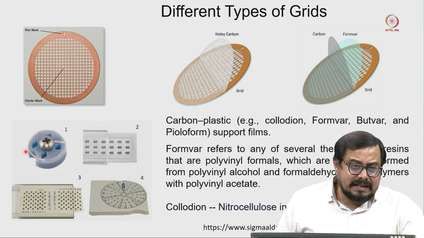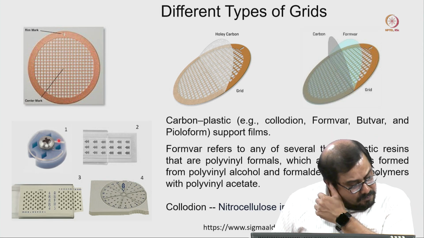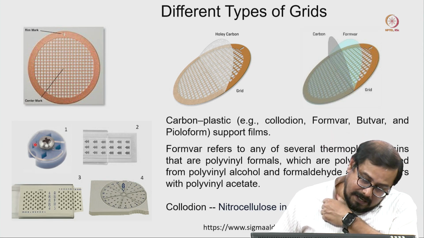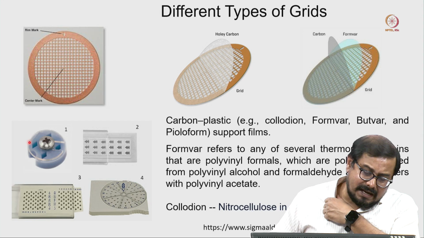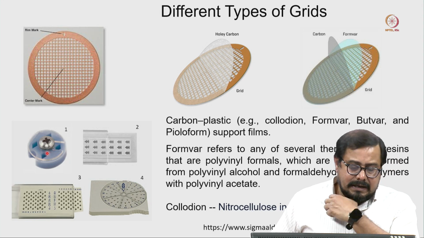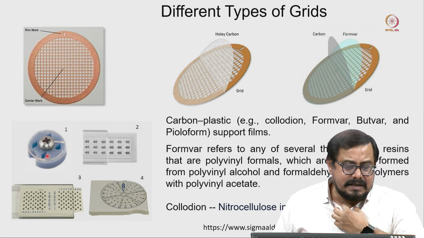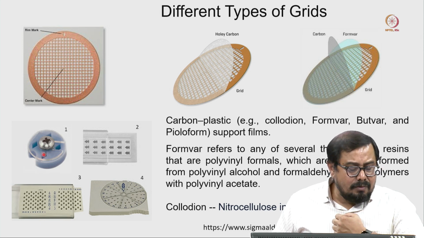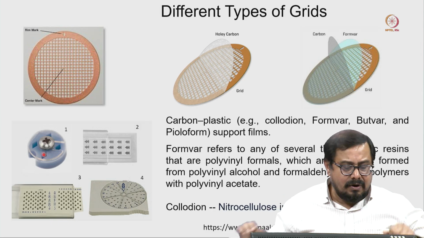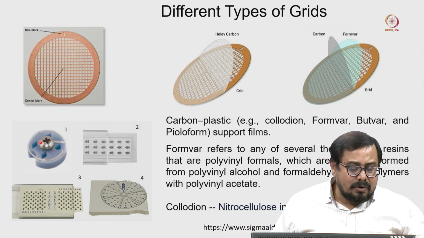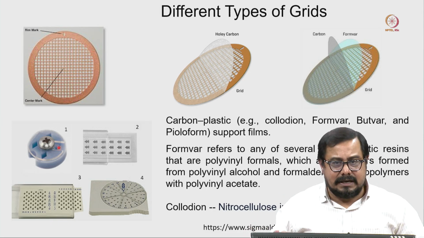Now, you can see this is a cryo grid box where you can store only 4 grids, and there is a plastic cover, a lid, covering the grids. This entire grid box will stay in liquid nitrogen, and the plastic lid will help us avoid ice contamination.